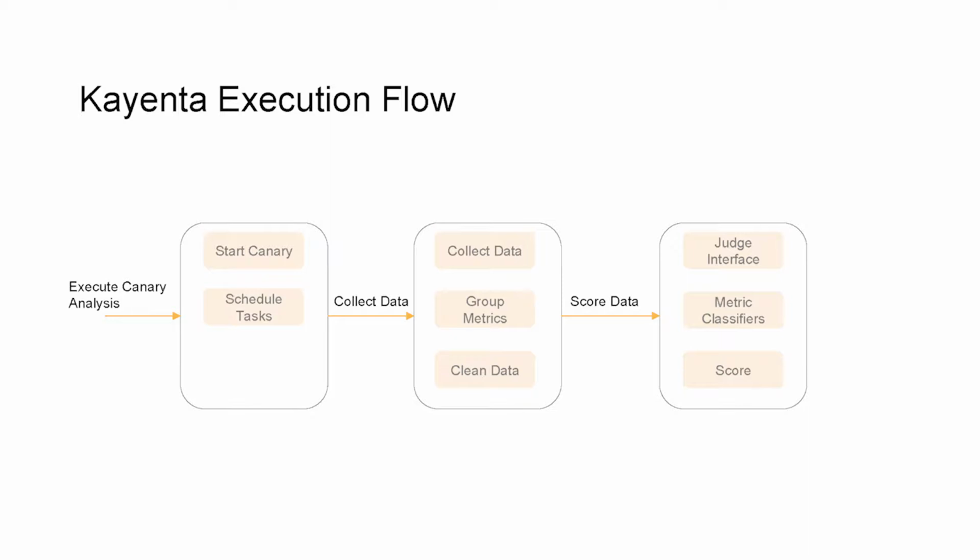Once Kayenta starts and the API is called, it goes and fetches the data, cleans the data, aligns all the data together, and passes it to the judge, which does a little bit more cleaning with respect to NaNs and things like that.